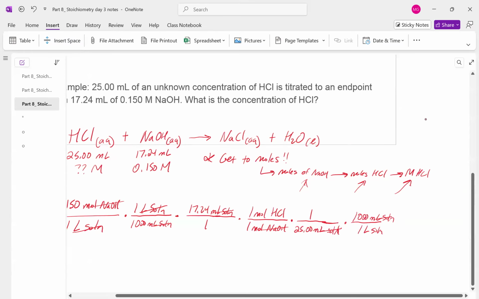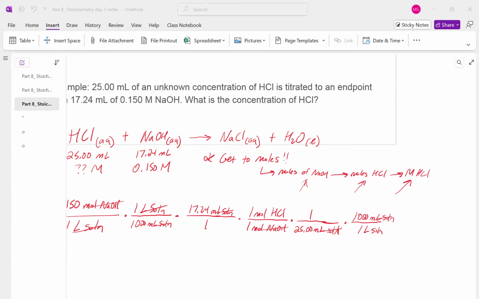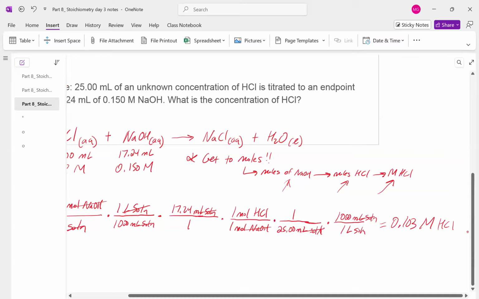That's molarity. So I toss this into my calculator, and keeping track of sig figs, I get 0.103 molar HCl, or you could say moles per liter.